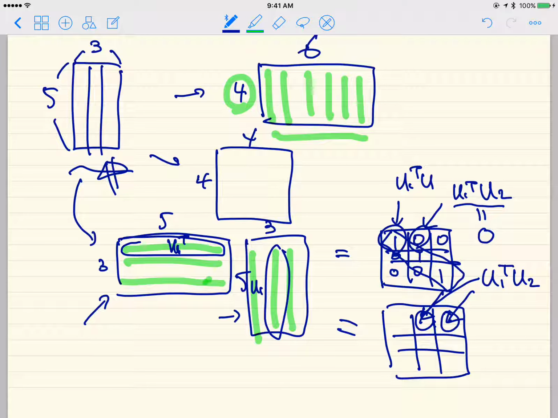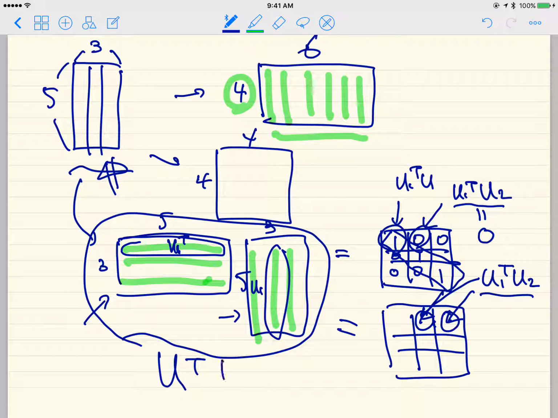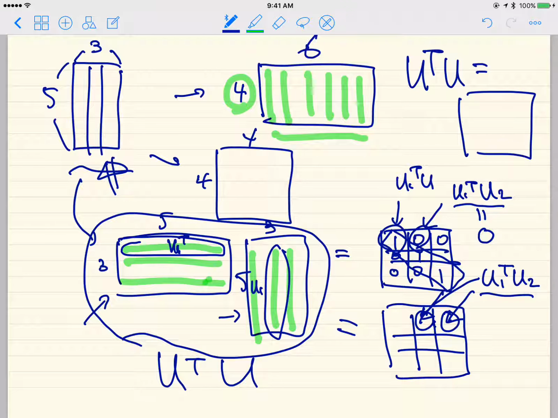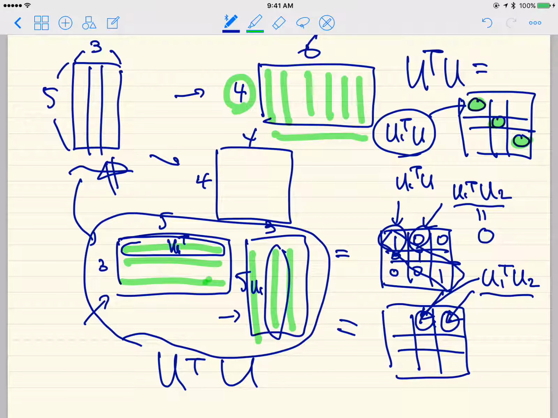So still in this case the product of these two matrices, U transpose U, will give a diagonal matrix. But what about the diagonal entries? This entry will become U1 transpose U1, and this one will no longer be 1 because we didn't assume they have unit length.